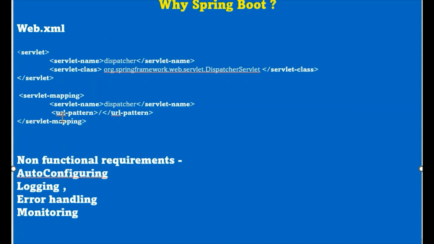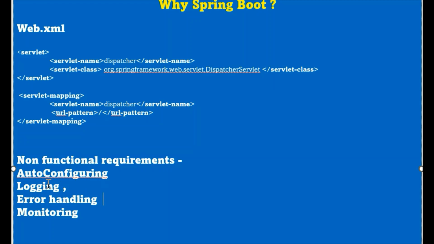Here is a web.xml and it has a dispatcher servlet, so you need to configure it manually for each application, and there are also non-functional requirements to do with auto configuring. It means you provide your dependency and auto configure whether these components are scanned automatically or not.